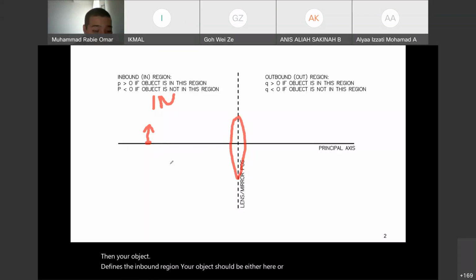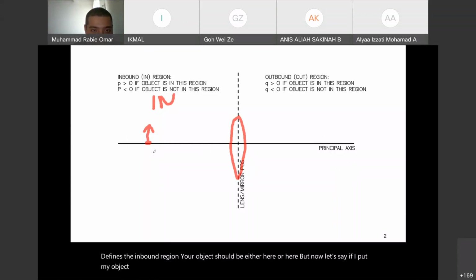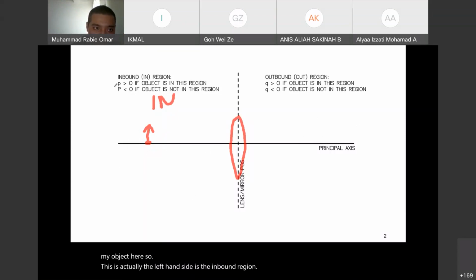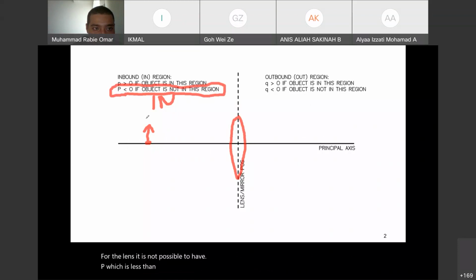But now, let's say if I put my object here, so the left-hand side is actually the inbound region. And of course, for the lens, it is not possible to have P which is less than 0. It is not possible to have negative P, because for the lens, the object can be either here or here.